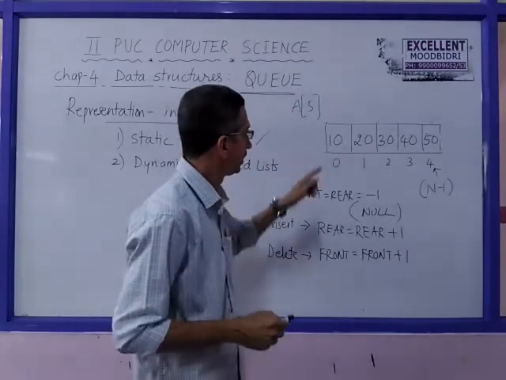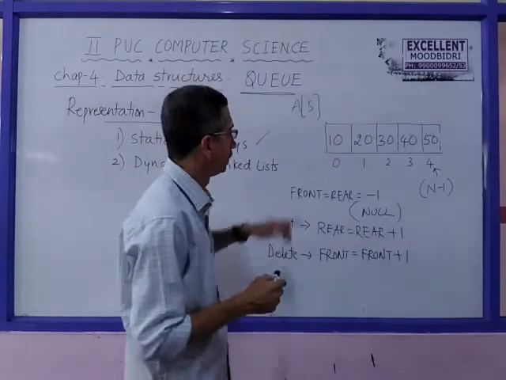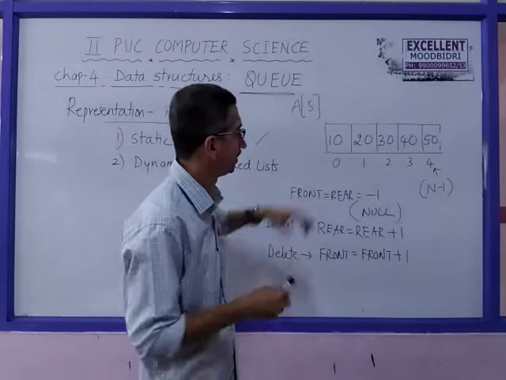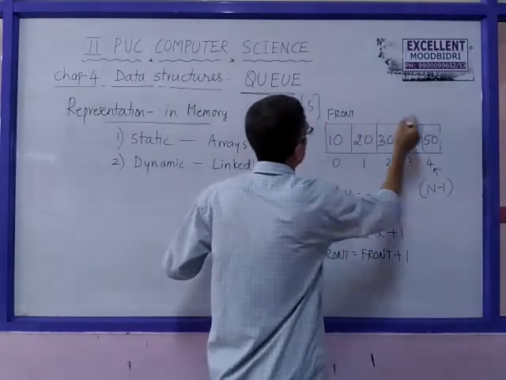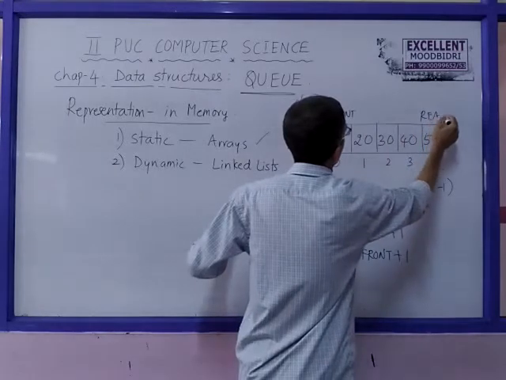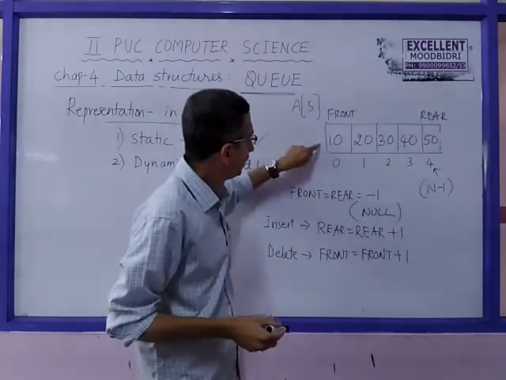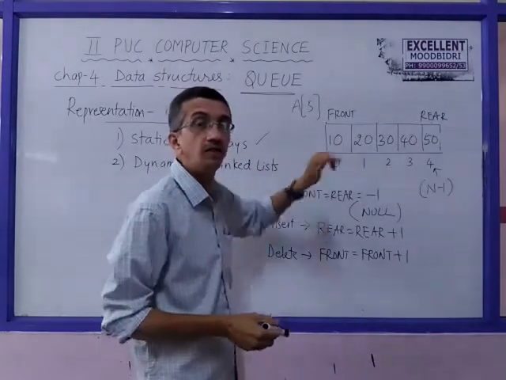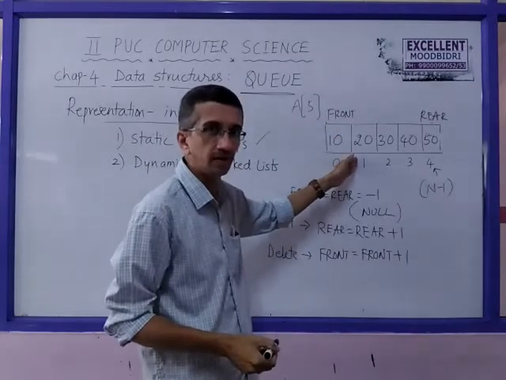Now how is that? Let us see. When you delete this item 10, from where are you deleting? From the front only. So this is the front end. This is the rear end. When you delete the first item at the index 0, after that which item has to be deleted? This one, index 1, correct?